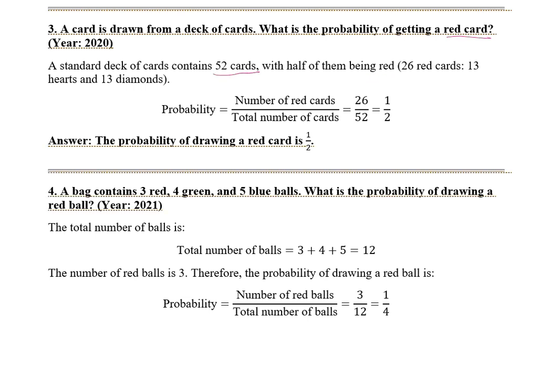Of them, the red cards are 26: hearts are 13 cards and diamonds are 13 cards. The probability is the number of red cards, which is 26, divided by the total number of cards, which is 52. So we get 1/2 probability.